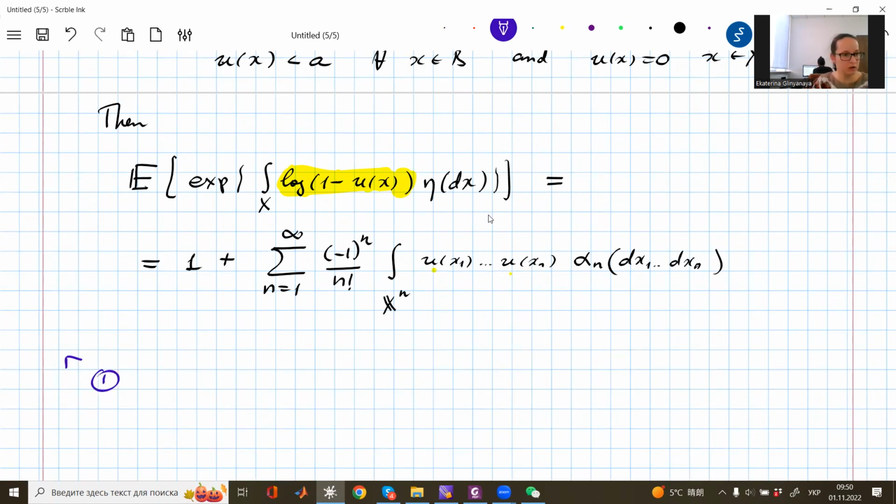And to do this, first we will note the following. This is just for measures. For simplicity, we will consider a measure of the following form: just a sum of delta measures.